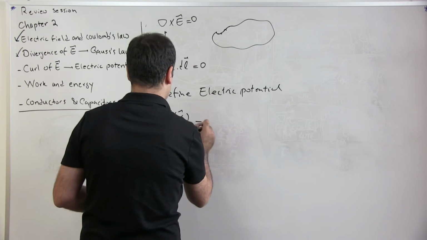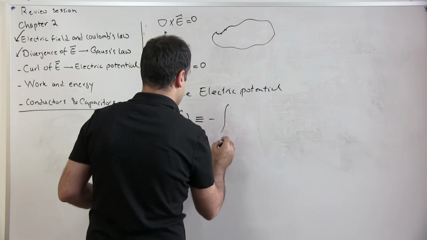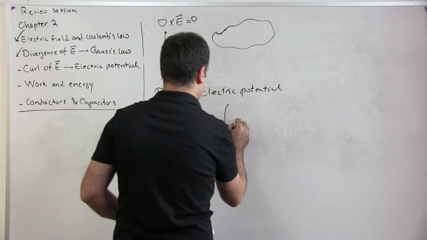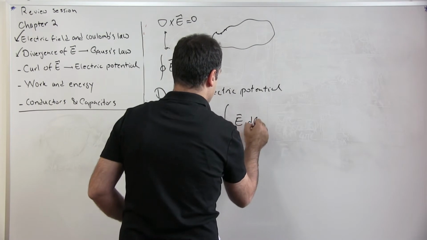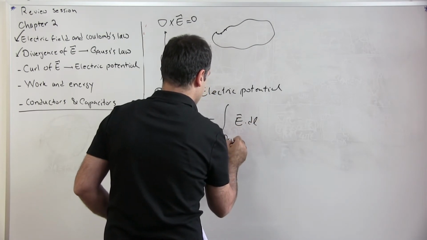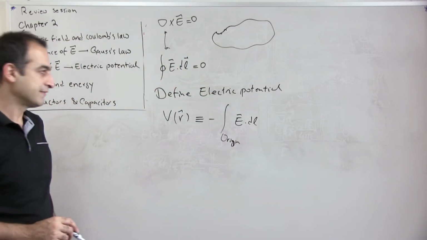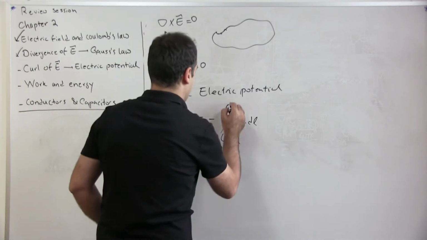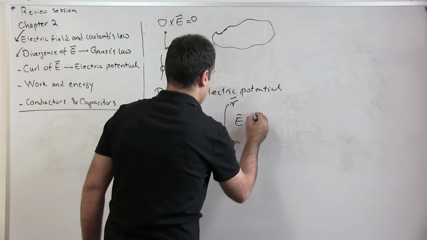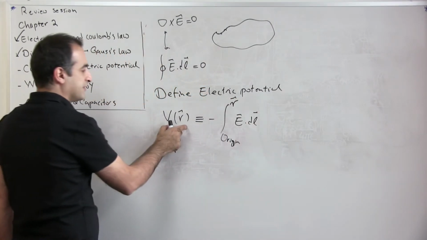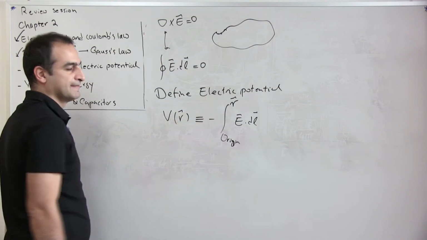We can define it as the negative of the integral of E dot dl from a certain origin, which could be infinity for a lot of cases, to the position r. We define electric potential at any point based on this.